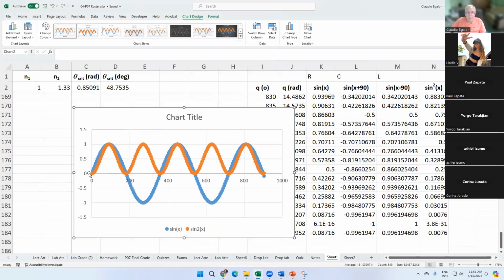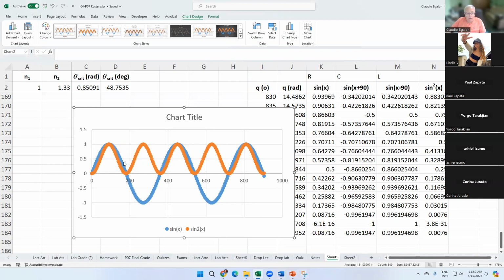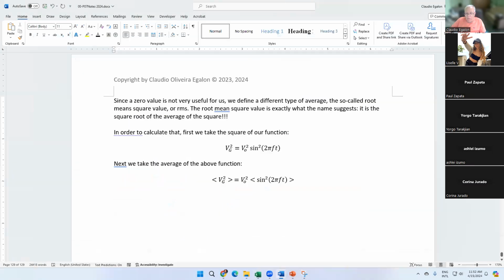So what you end up having, the average value of this one here is going to be half of V naught. That would be the average value lying right in here for the voltage. So for the voltage, this average value is half.